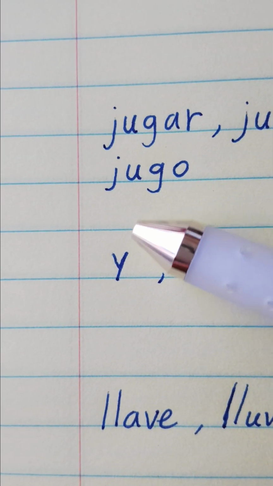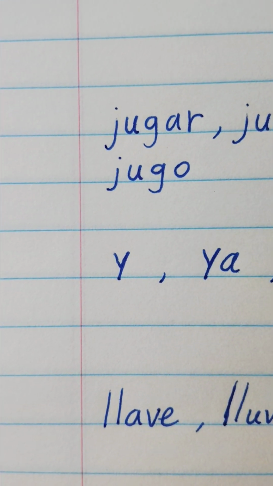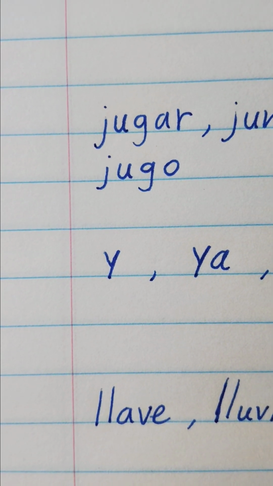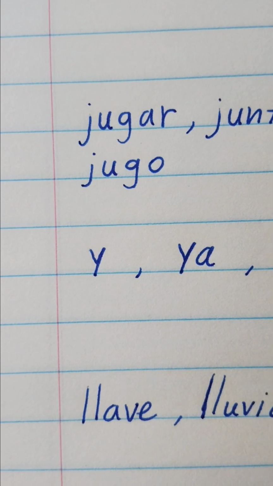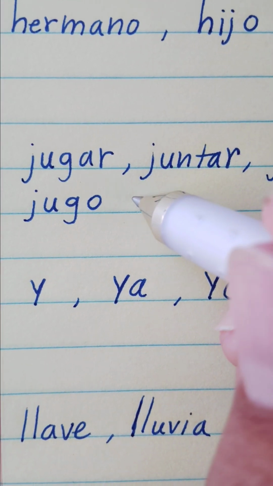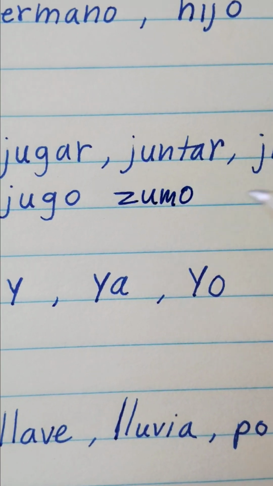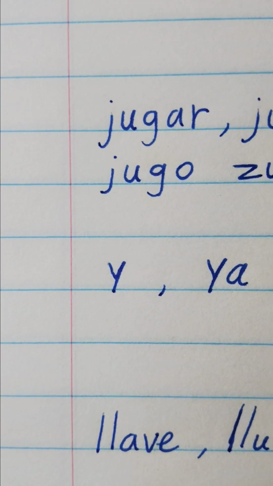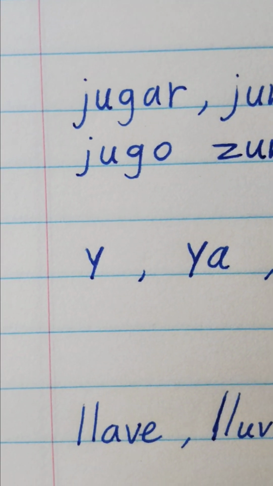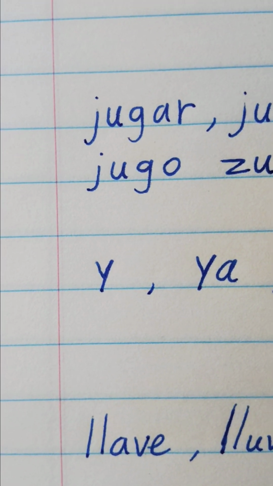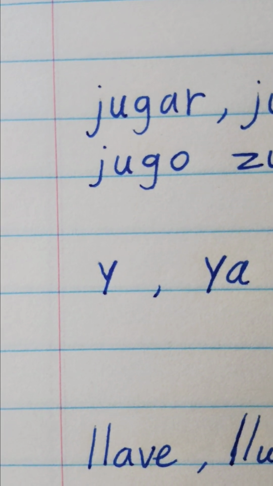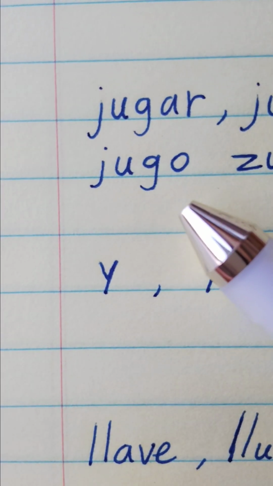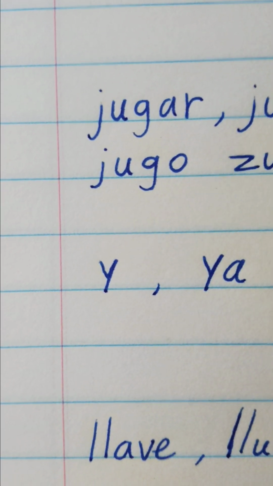In Spain they say zumo, which means juice. So you will see this in Spain. Zumo. But in Latin America, which is all the countries in America that speak Spanish, jugo. This means juice. Jugo. So keep this in mind.